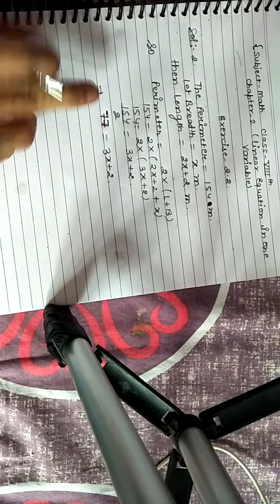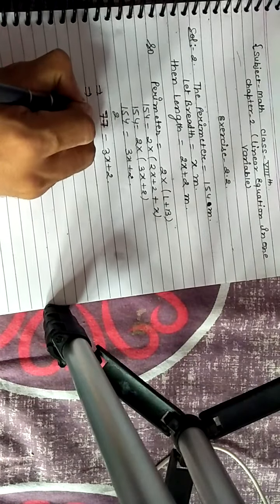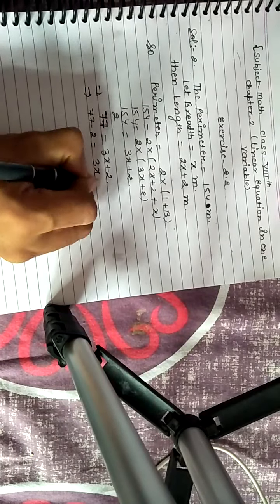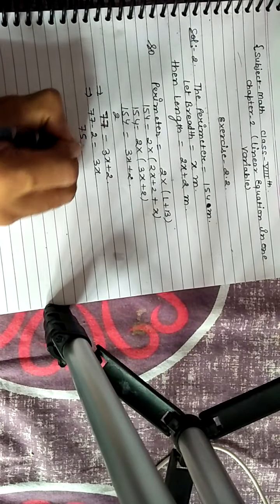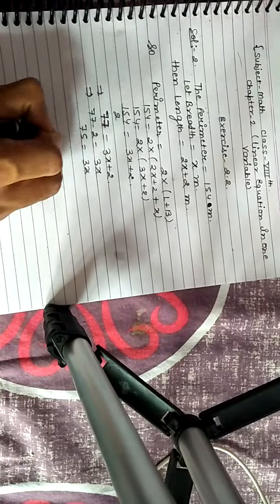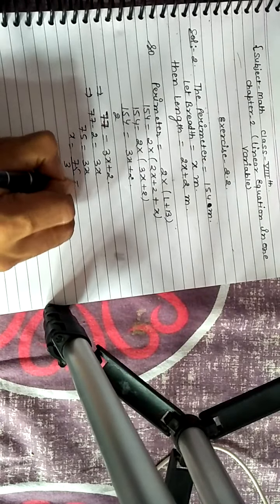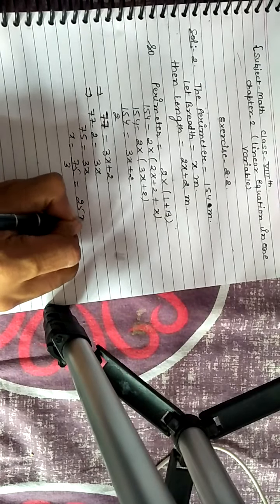Now 2 will go to the other side and be subtracted. So 77 minus 2 equals 3x. Here comes 75, that equals 3x. Now x equals 75 upon 3, that equals 25 meters.